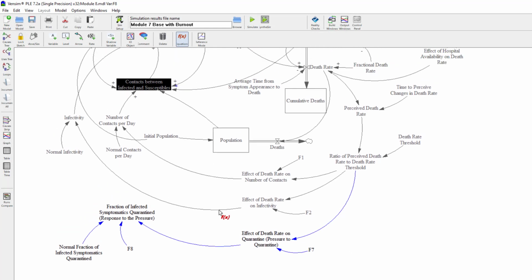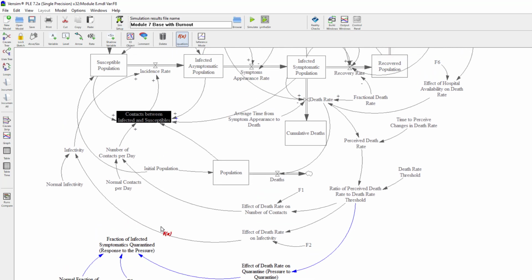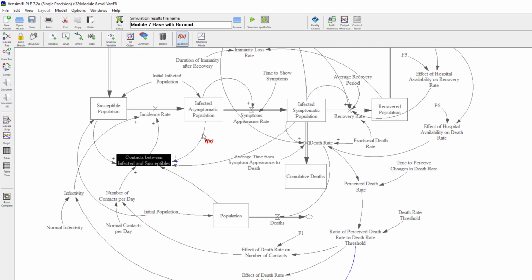All right. Now we have the fraction of infected symptomatics quarantined. Now we have to make sure that only those people who are not quarantined and who are not hospitalized are out in the community making contacts with susceptible people. Okay, so if you take a look at our current model, susceptible people make contact with the infected asymptomatic population as well as the infected symptomatic population.